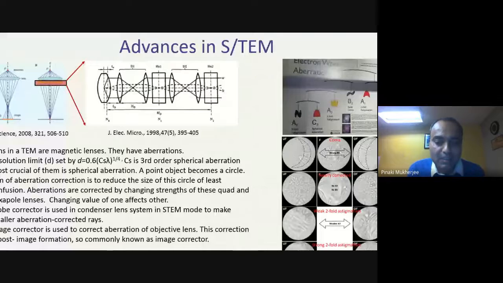The concept that aberration can be corrected in theory was present from the 1950s. Scherzer and people like him predicted that if we use a series of octupole and hexapole lenses in combination, then we can get rid of aberration, and make an electron beam or probe less than an angstrom, and see really nice features at atomic scale.